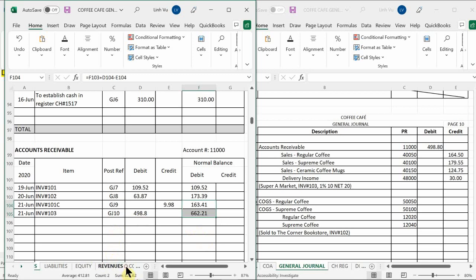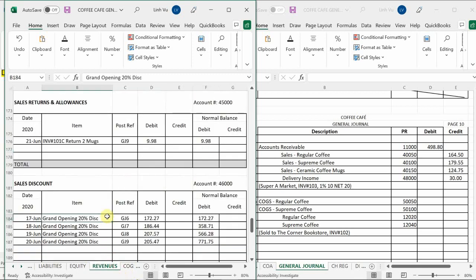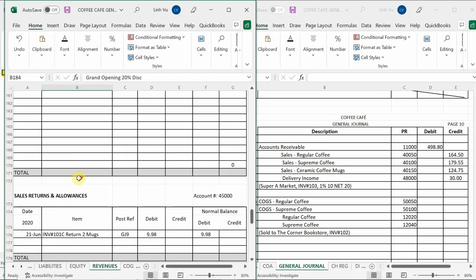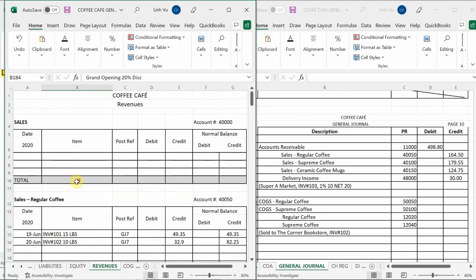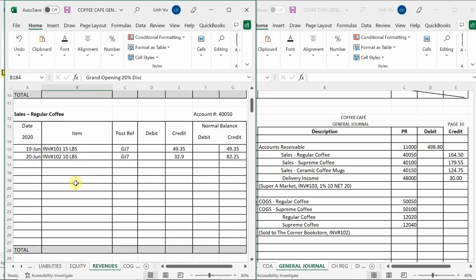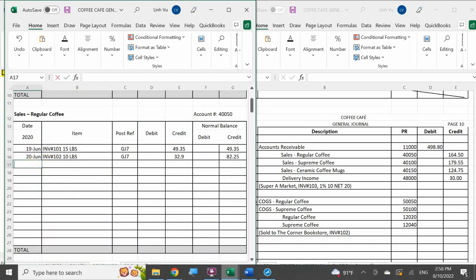And then we go to the revenue tab. Okay. And then it's coffee bean regular. So we go all the way up. And then it's invoice 103, and it's 50 pounds, and it's page 10.